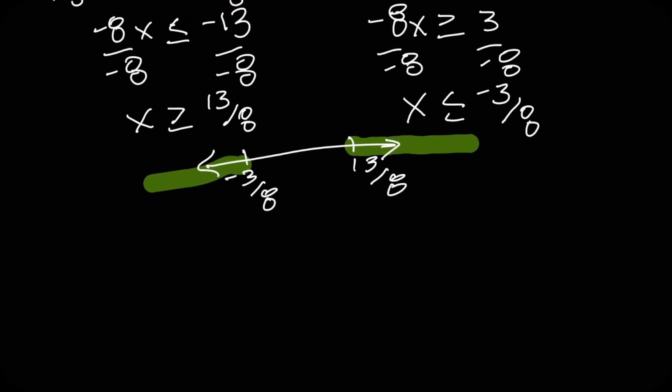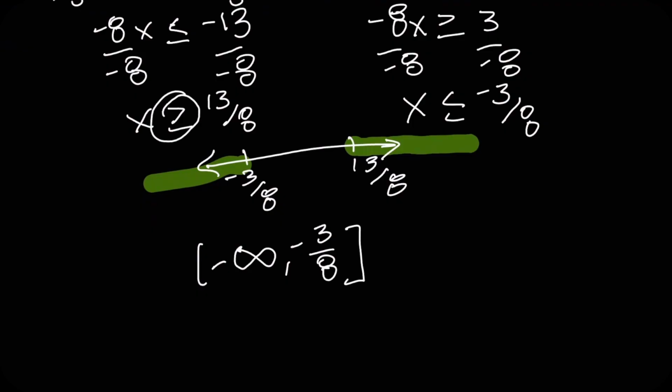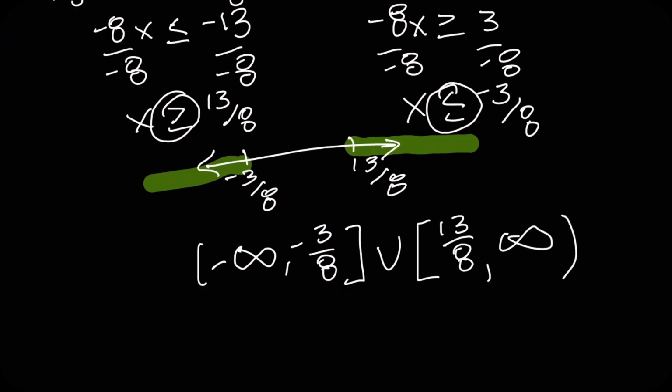So our solution for this one, negative infinity to negative 3/8. And since we have a less than or equal to negative 3/8, we do need to use our square braces. And then union 13/8 all the way to positive infinity.